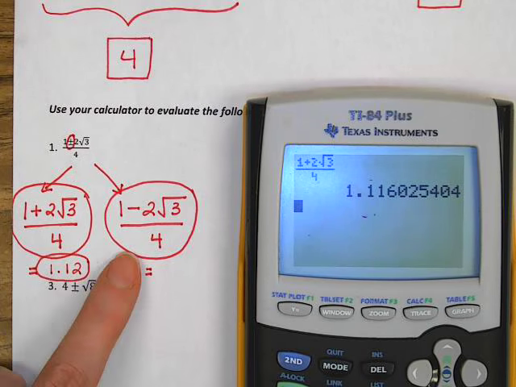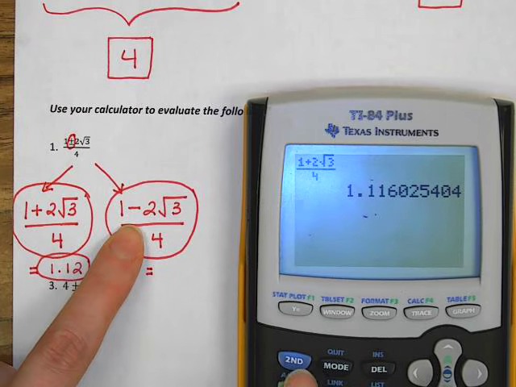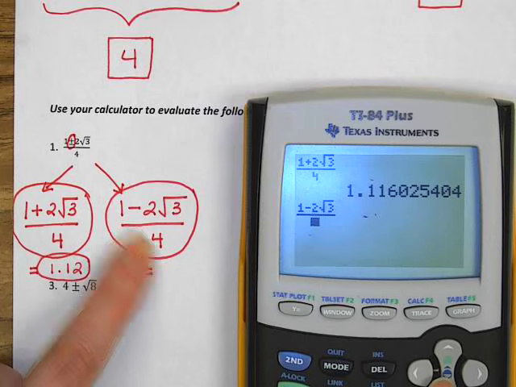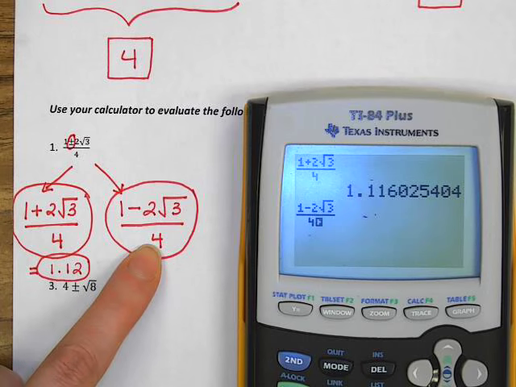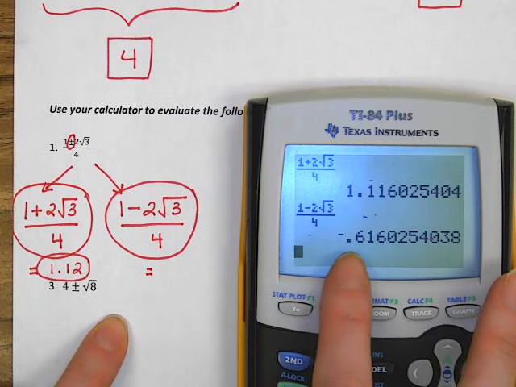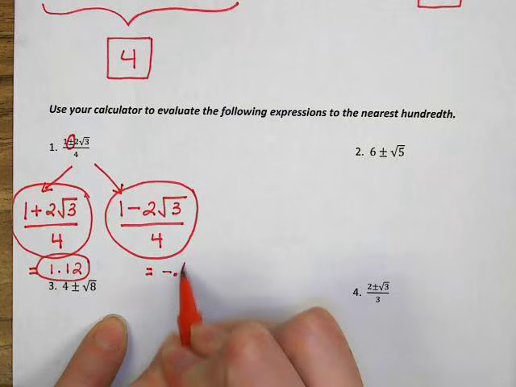And then we'll do this one, same problem but with the minus sign. So alpha y equals fraction. And now 1 minus 2 root 3 all over 4. And that one, we'll round it to -0.62.